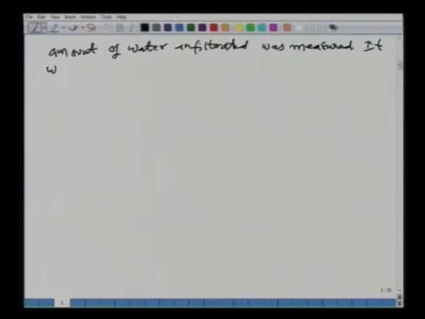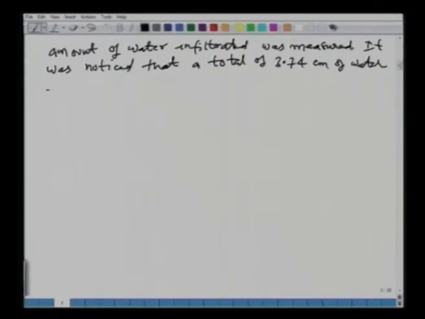It was noticed that a total of 3.74 centimeter of water infiltrated into the tube in half hour.